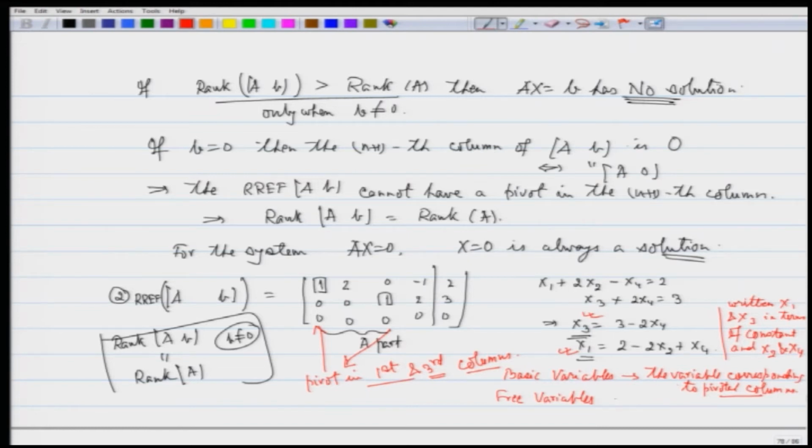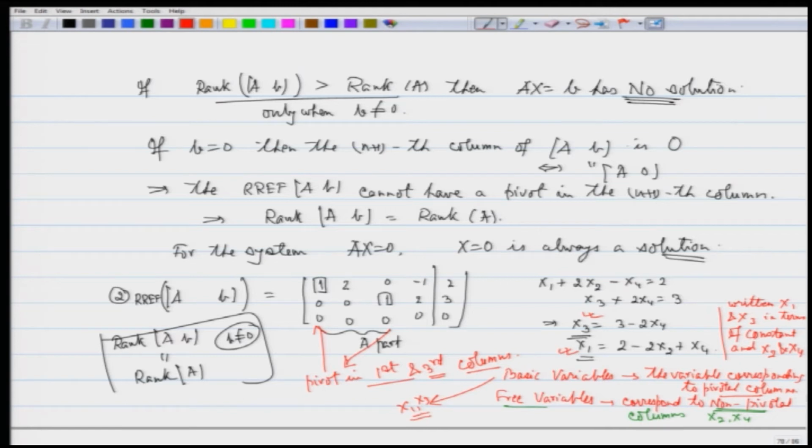What are free variables? They correspond to non-pivotal columns. What are the non-pivotal columns? The 2nd and 4th. So you have x2 and x4 here. And the basic variables were x1 and x3.